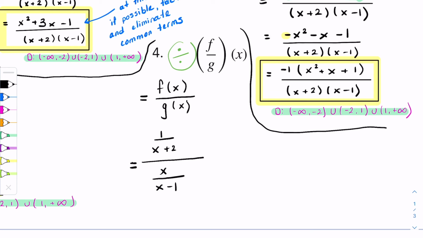When you are dividing fractions, you are multiplying by the reciprocal. Or in other words, flip the second fraction and multiply.